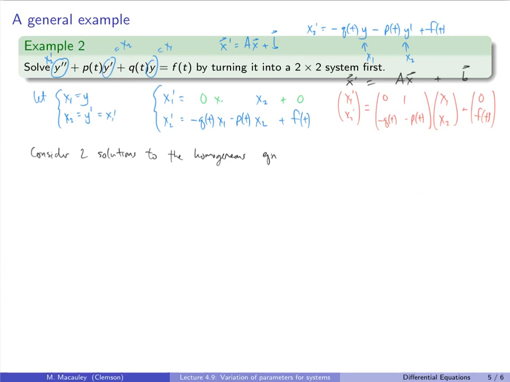And actually, this is the first time that we have seen a system x prime equals ax and solved it where the matrix A is no longer constants, or consists of only constants.